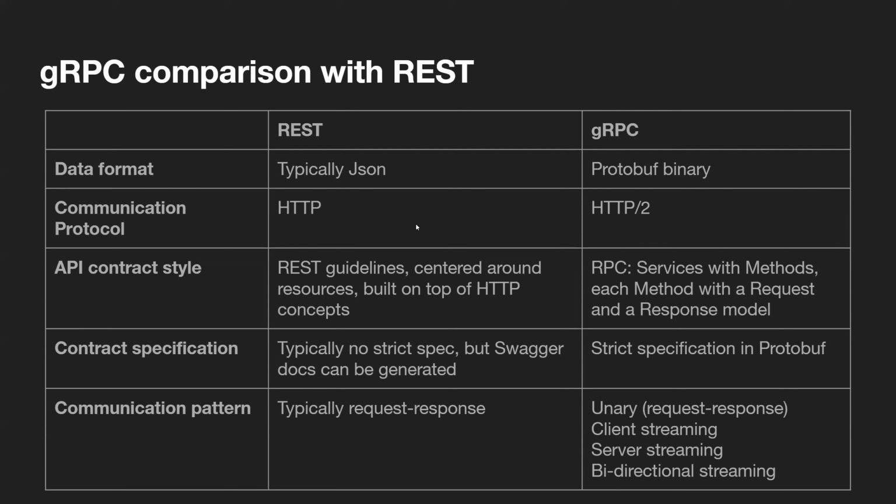The communication protocol in case of REST is HTTP, and I did not specify a version here because REST can work on either HTTP 1 or HTTP 2, but the communication pattern is typically simple request response. So REST APIs don't utilize HTTP 2 specific capabilities.